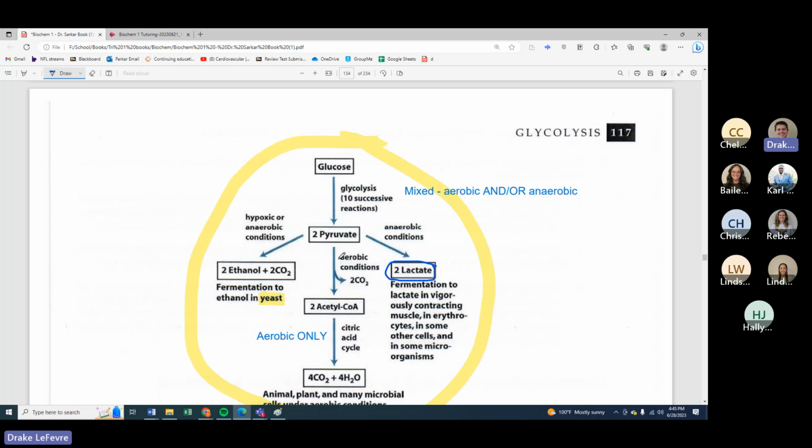And then he could also ask you a question specifically about yeast, where our pyruvate gets converted to alcohol and carbon dioxide. I do remember him having a couple of quiz questions and exam questions just about this little piece right here. So I would remember this.